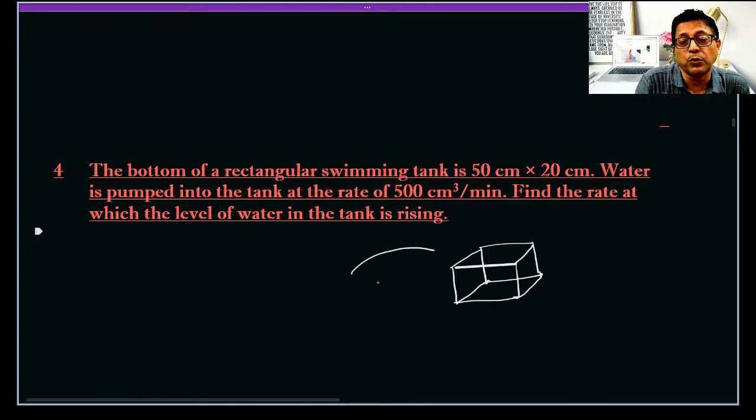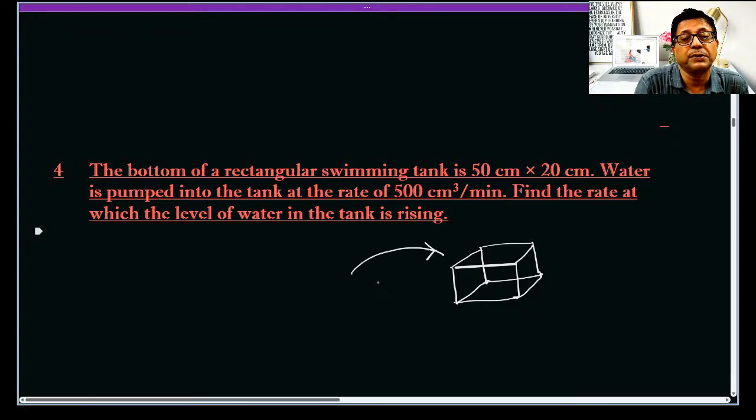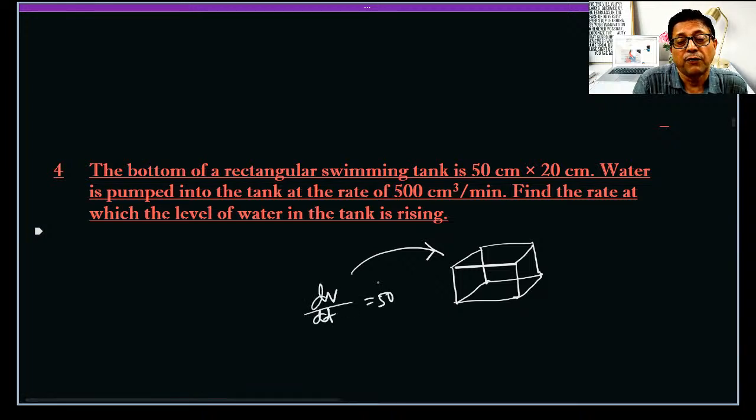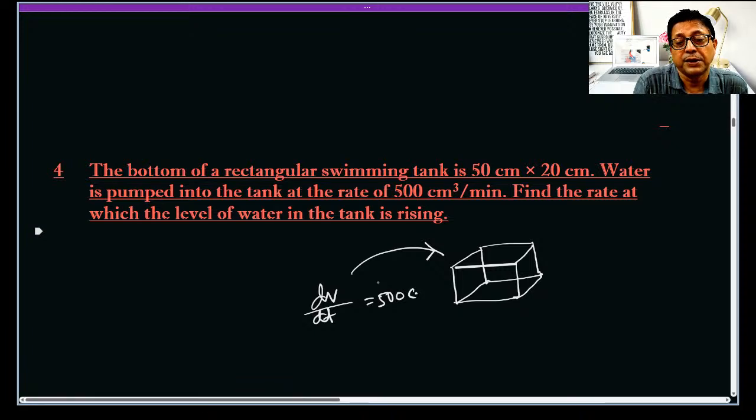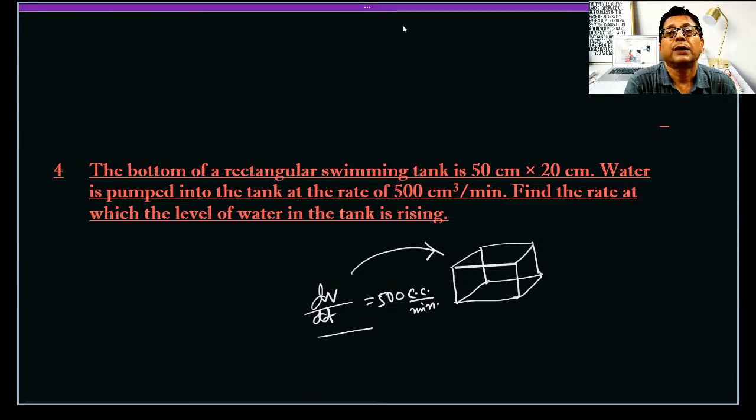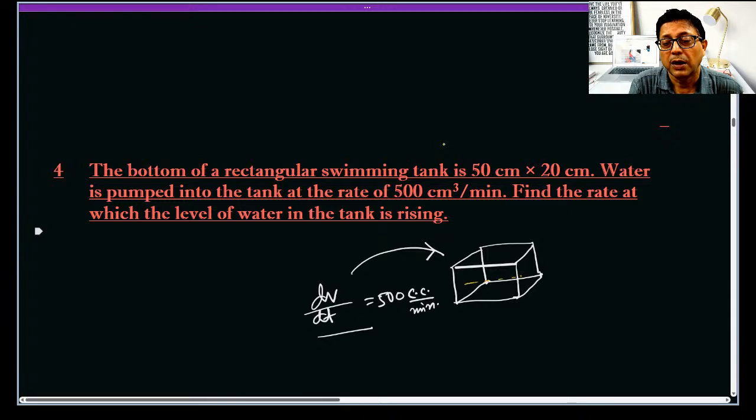If you pour water at the rate of dV by dt, 500 cubic centimeter per minute, then what will happen? Then level of water will be rising gradually.